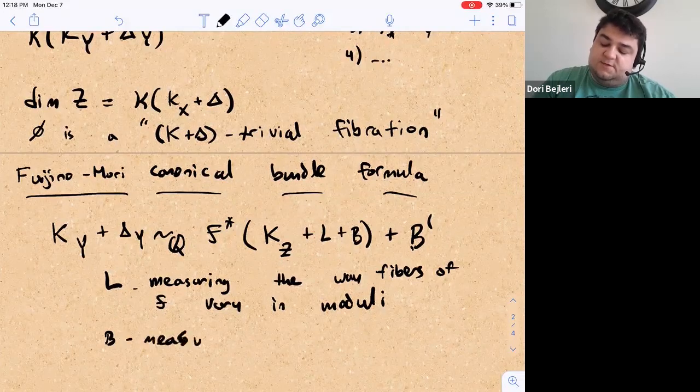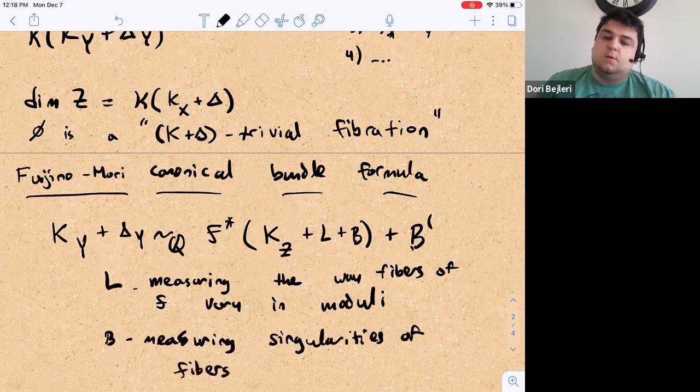So in the case of elliptic surfaces, L was related to this Hodge bundle that we got from pushing forward the relative canonical of our elliptic curves, and B was related to the multiple fibers, the non-reduced fibers that were a non-reduced multiple of a reduced fiber.